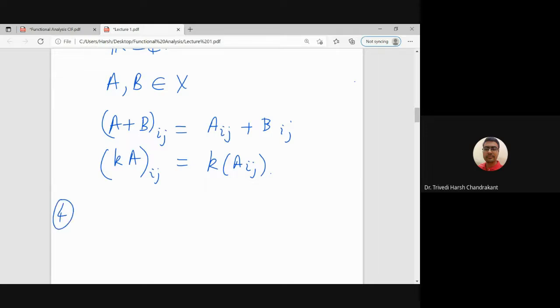Now, the next example is a set of functions. Before going to the continuous functions, we just consider the set of functions which are defined from S to K. What is S? S is some non-empty set.